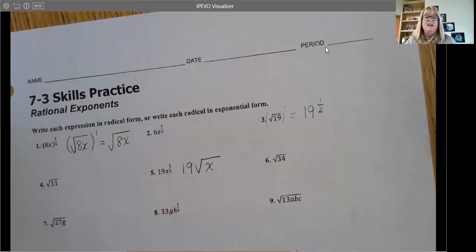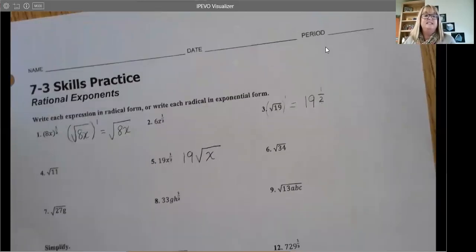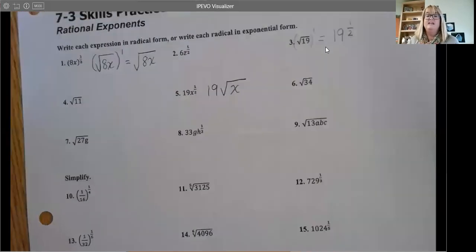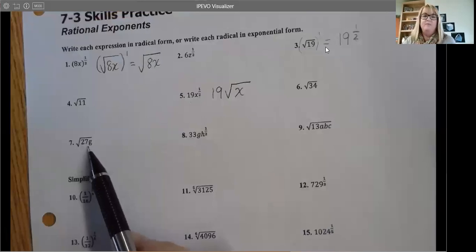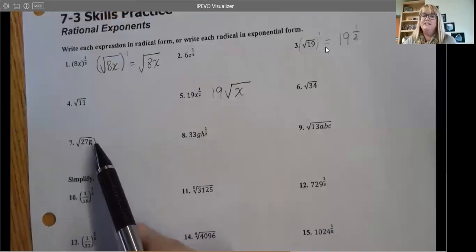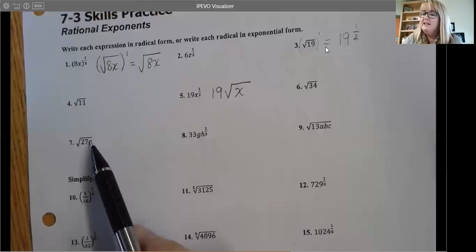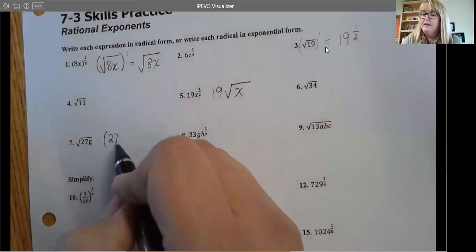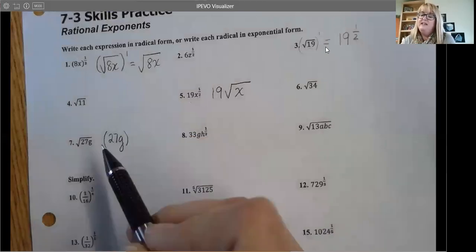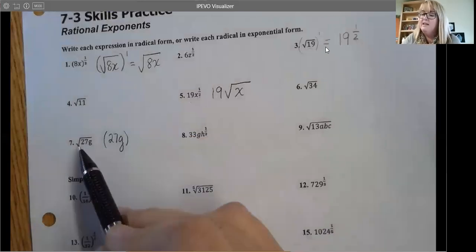Okay? Let's look at 7. 7 is in radical form, and we need to make it in exponential form. Now notice that 27 and g are under the square root sign. So I'm going to need to group 27 and g together. And any time you take the square root, the exponent would be 1/2.